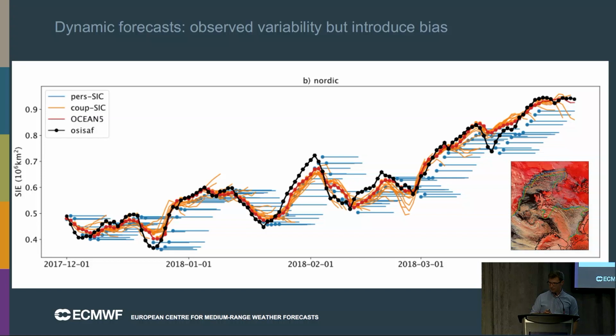You can see that sometimes persistence is okay, but when we've got very rapid changes in the sea ice edge, it can be a very poor approximation indeed. The orange forecast shows the coupled model, and you can see that it does a much better job of capturing the observed evolution.